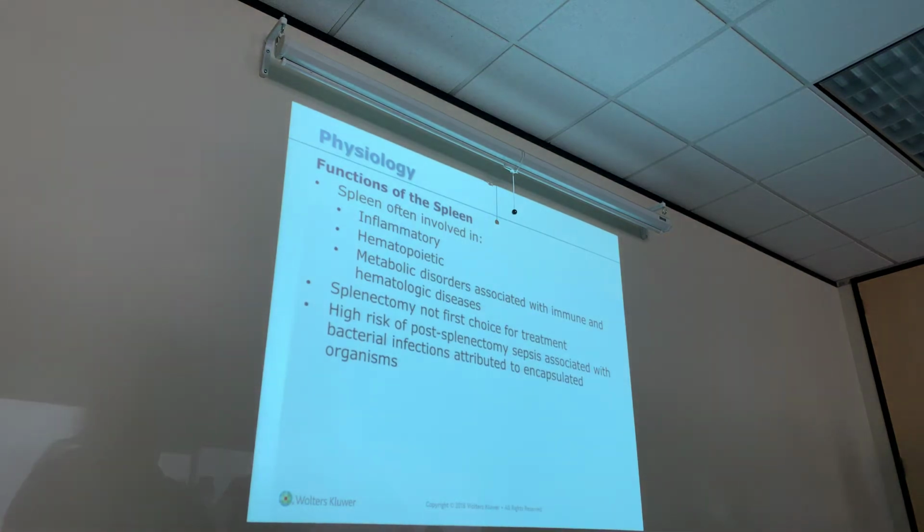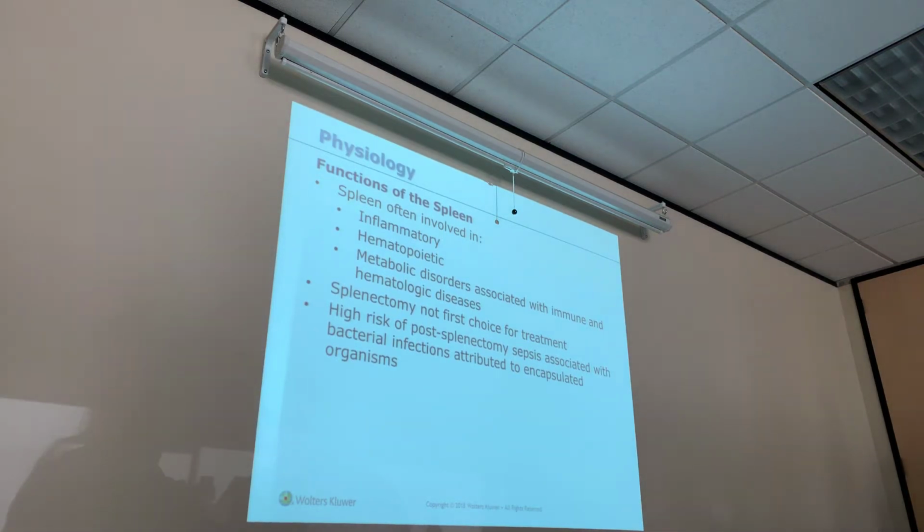Of course, splenectomy is not the first choice of treatment because there's high risk of post-splenectomy sepsis associated with bacterial infection. So they'll try to fix whatever the problem is versus removing the spleen.